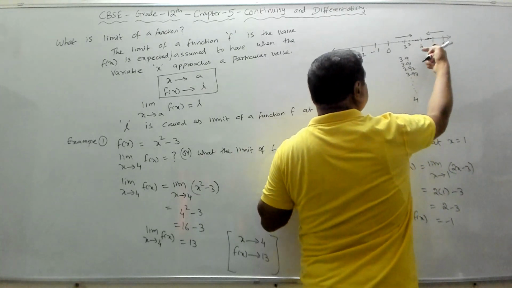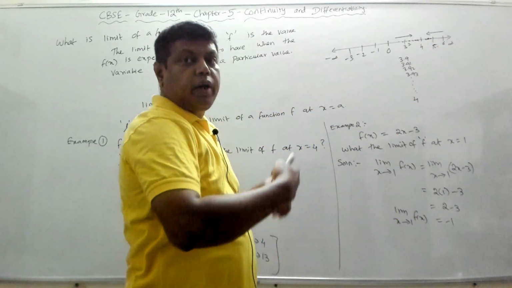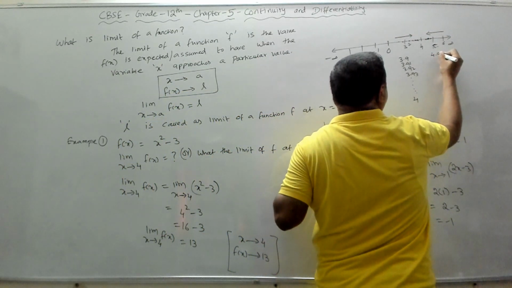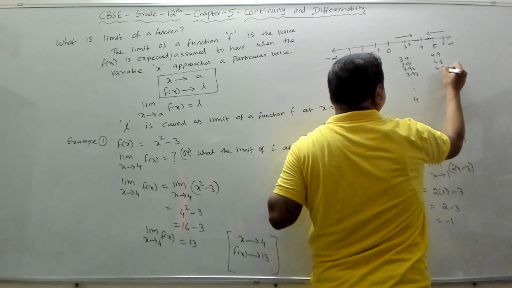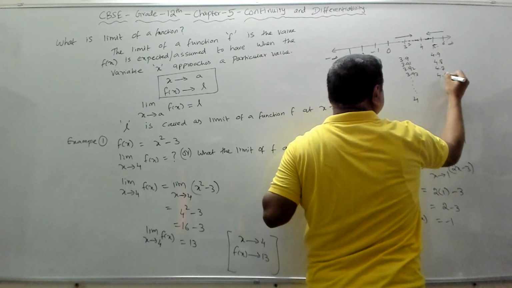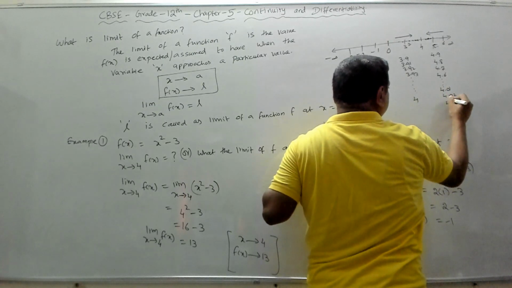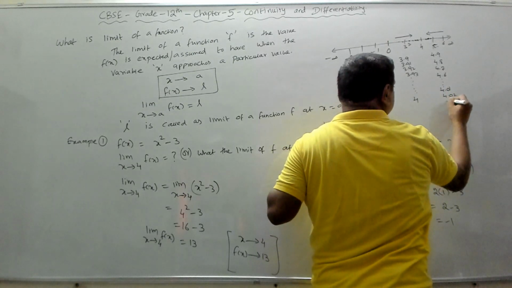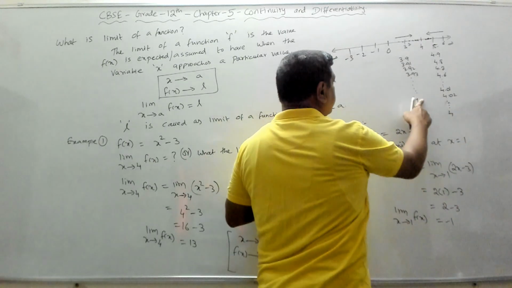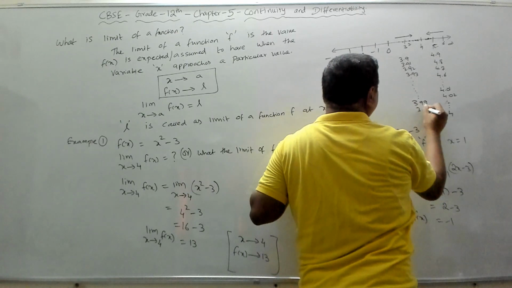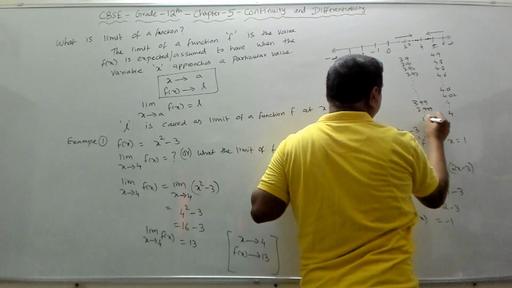So we are approaching 4 through values greater than 4, like 4.9, 4.8, 4.7, 4.6, like that, 4.01, 4.02, and we'll approach 4. Here it will be like coming towards 3.99, 3.999, then we'll approach 4.